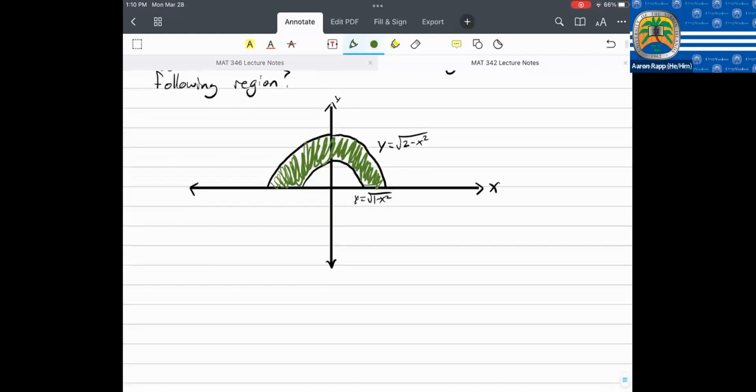So, Simeon, you said type 2, which means you're fixed between two y values. So 0 less than or equal to y less than or equal to 2 would be your max. And then what else?